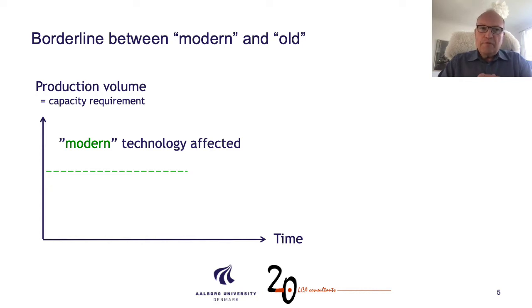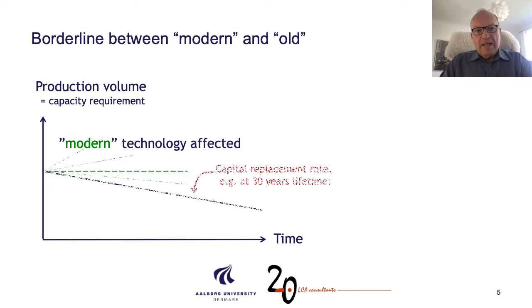And even if you are on the line, then new capacity would still be needed, simply because technologies will deteriorate over time, so we will need more capacity just to maintain the existing production volume. And that is actually the case whenever you are above the capital replacement rate.